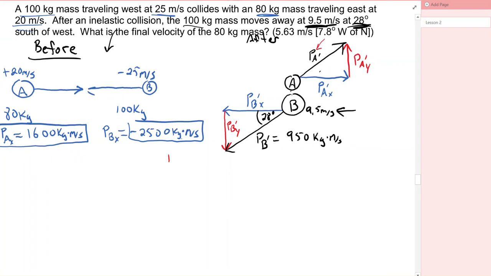So this side, we're going to be able to say, I'll write it down here because I'm running out of room here. Momentum of B after in the Y is going to be equal to, this is the opposite side, so it's going to be sine, right? So this will be the hypotenuse, so 950 times sine of the angle, so sine 28.